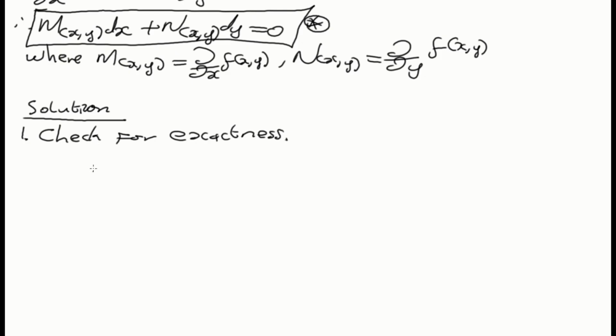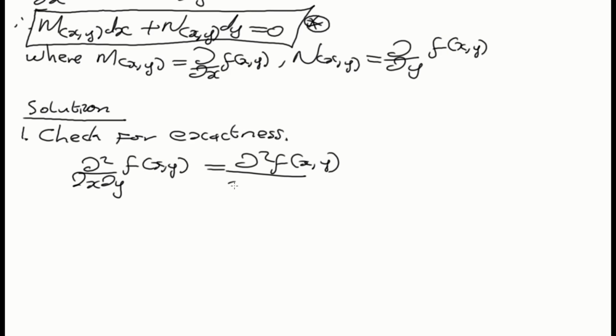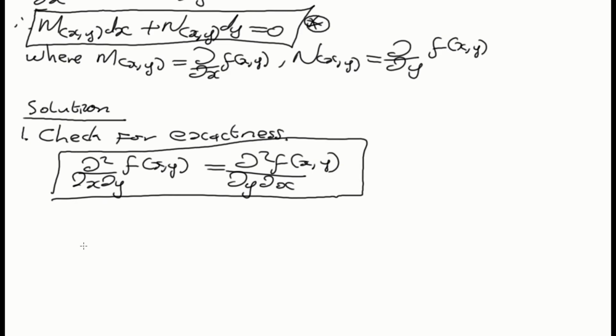Because all our differential equations are just two variables, it says the second cross partial derivative of the f of xy function is equal to the second partial derivative, now the cross, it means it's now y with respect to x. So this is the concept that we use to test for exactness, right?